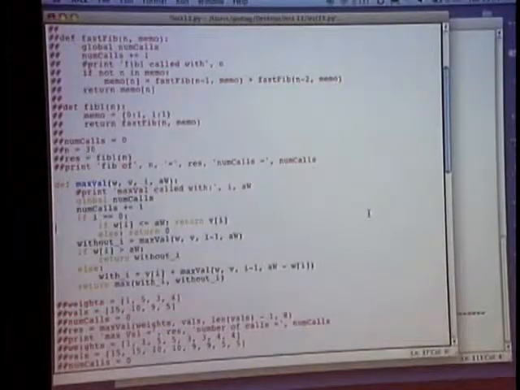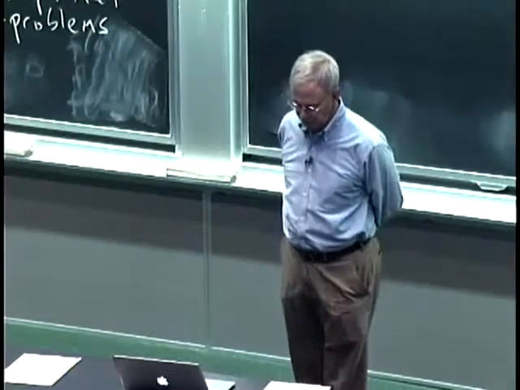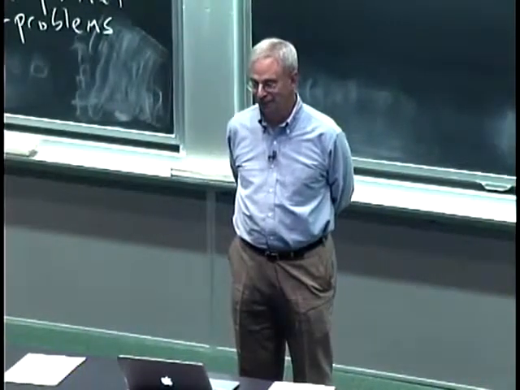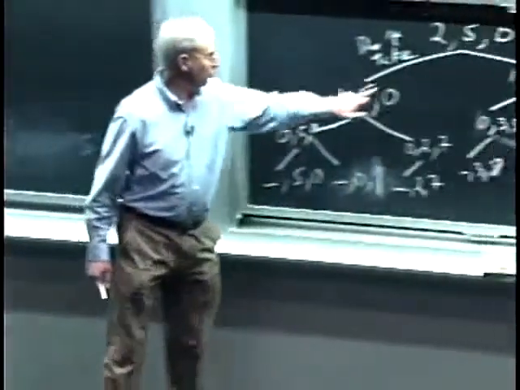The next line says, all right, suppose I'm not at the last element. Suppose I don't include it. Then the maximum value I can get is the maximum value of what I had, but with index I minus 1. Okay, so that's the don't take branch.